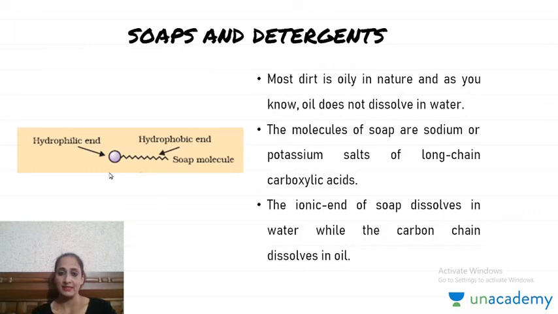It gets attracted towards water. Same thing for hydrophobic. Hydro means water, phobic means fear of water. In easy language, this part of the soap molecule repels water or does not attract water, while this part of the soap molecule gets attracted towards water.